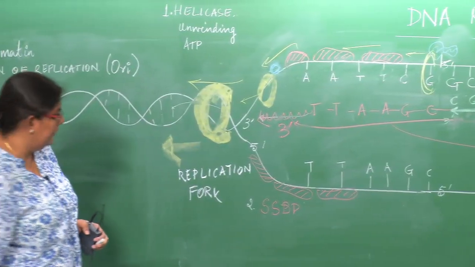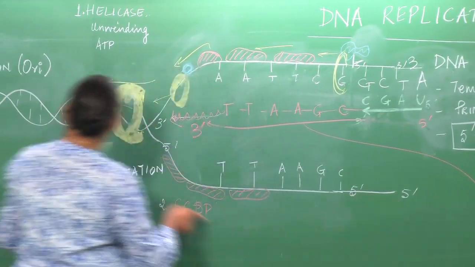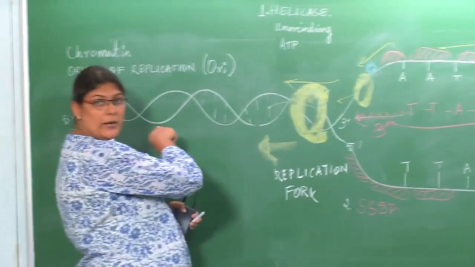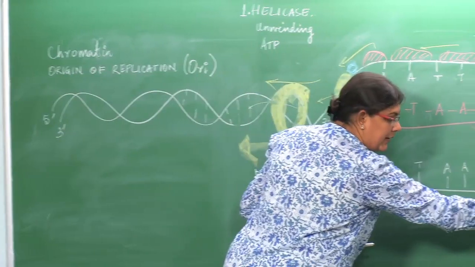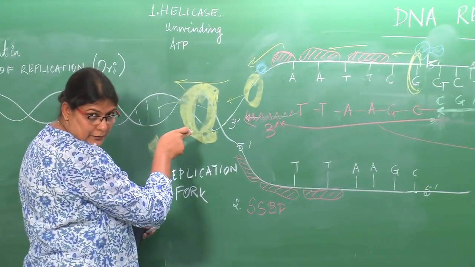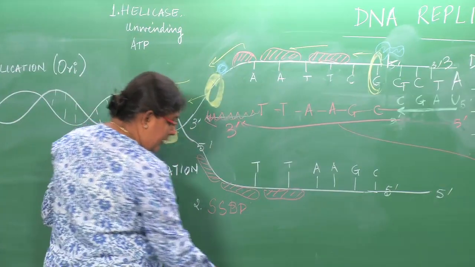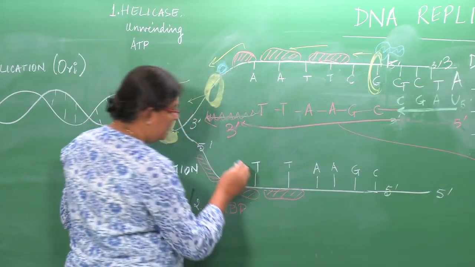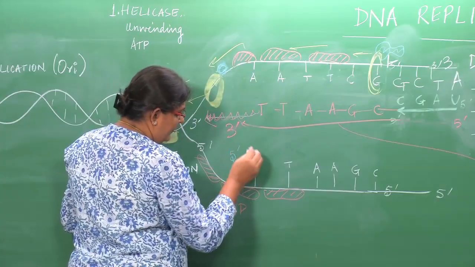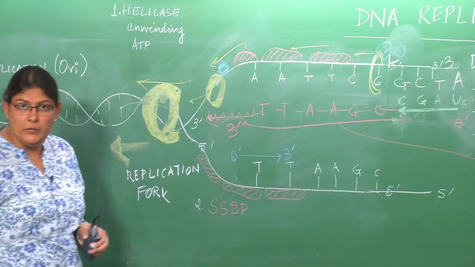Okay. Everything is fine so far, but then the problem comes for this one. Now, here the 5 prime to 3 prime direction is going this way, right. This strand has a 5 prime end here and the 3 prime end here, and if the DNA polymerase has to work, it will work in the complementary fashion 5 prime to 3 prime. Okay.